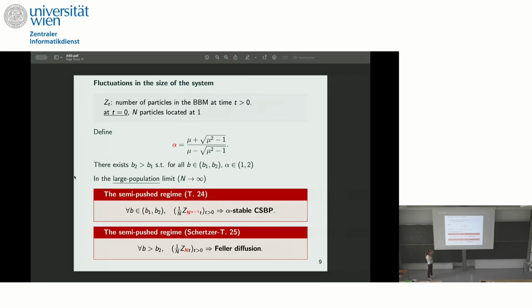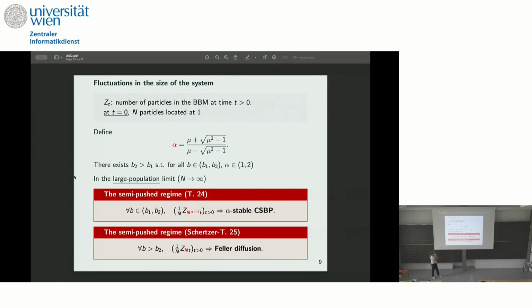So the first result is that between the two critical values, B1 and B2, the size of the system has a scaling limit on the time scale N to the alpha minus 1, and that the limiting object is given by an alpha-stable continuous state branching process. So I won't describe this limiting object, but I want to emphasize that we find exactly the same time scale as in the other model.